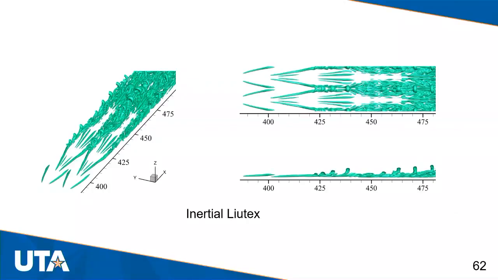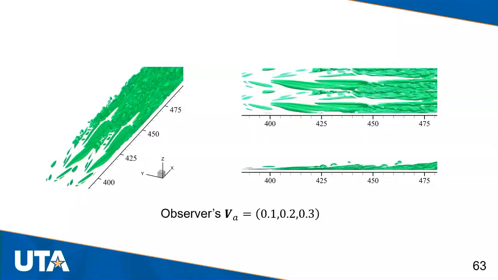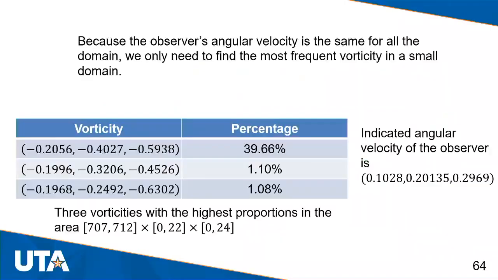So this is the original, what the Liutex isosurface looks like originally. Then suppose we have an observer rotating at this angular speed, and you can see the vortex structures become distorted. This is not the real vortex structure. From this data, we find the portion of the vortices in the observer's data.